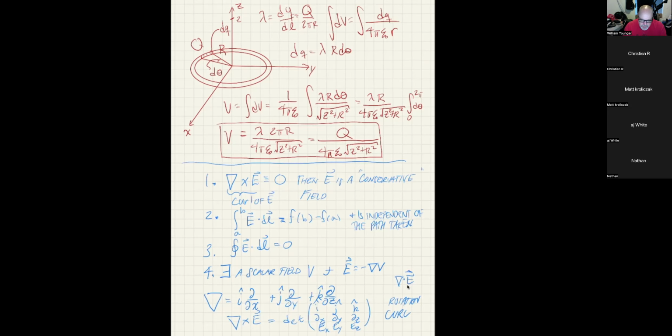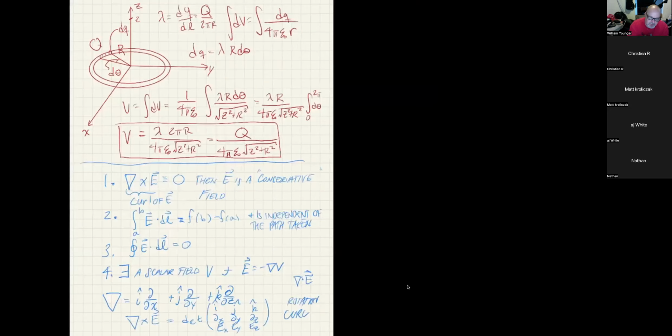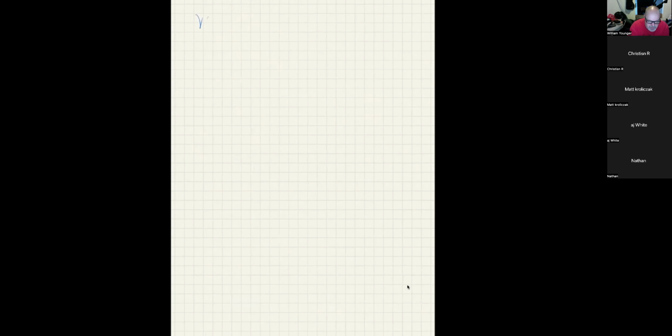So now let's take this result, which is Q over 4 pi epsilon naught. So we got V equals Q over 4 pi epsilon naught square root z squared plus r squared, like that. And we're going to calculate E sub z, which is equal to the negative.